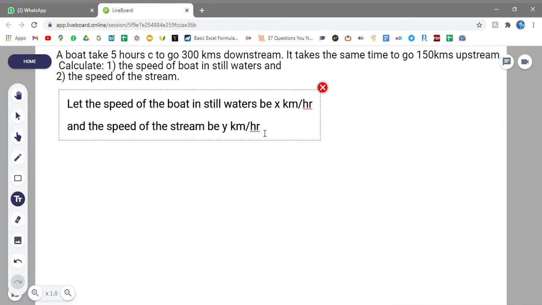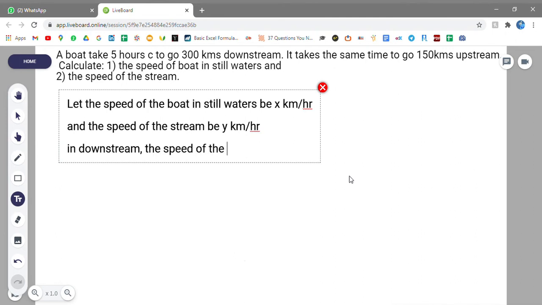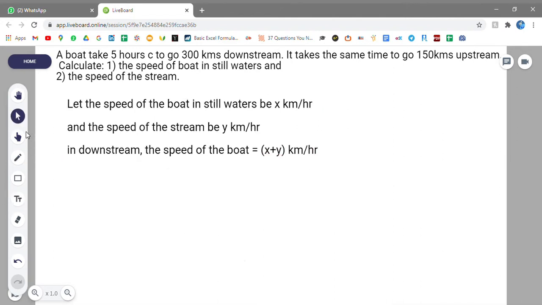Now after reading the question, let us define the next variable, that is in downstream, the speed of the boat will be x plus y kilometer per hour. Now how is this possible?